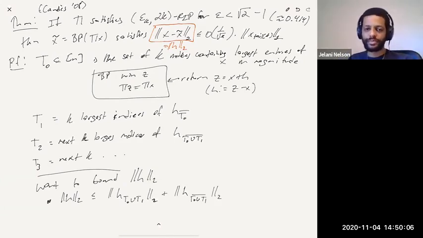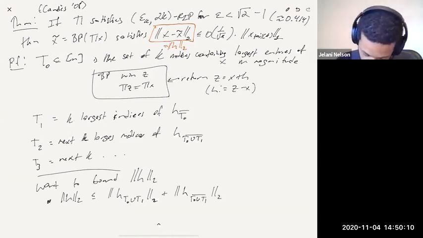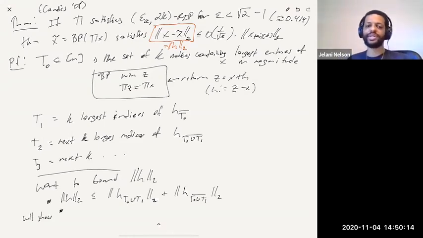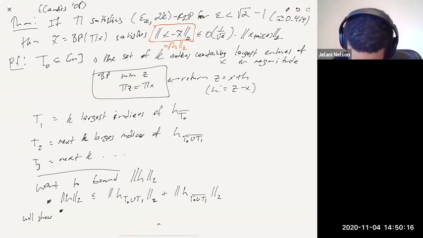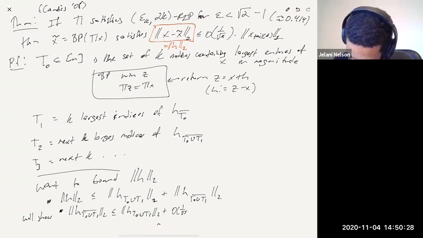Okay. And then we'll show that if you look at the projection onto the T0 T1 complement, first of all, this thing, H projected onto the complement, is at most H projected onto T0 union T1, plus O of 1 over root k times the L1 norm of x tail k.